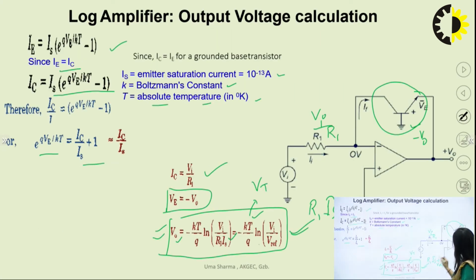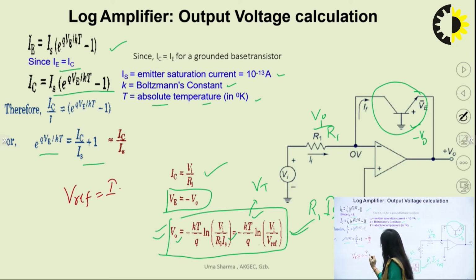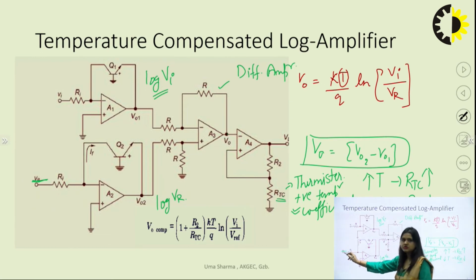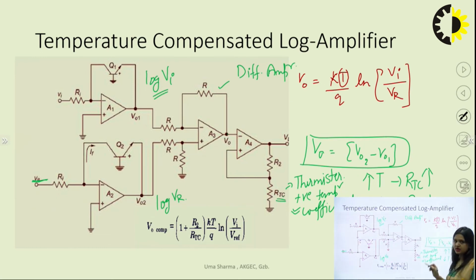In the previous output, this V reference is equal to IS into R, where IS is a temperature dependent parameter. In our case, we have added another source VR, which is not temperature dependent. So in this expression, I have got this VR.